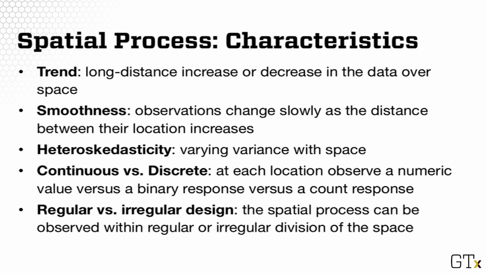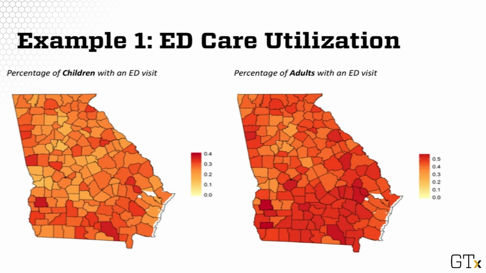Let's next look at a few examples of spatial processes. Here is the map of the percentage of children in the left map versus adults in the right map enrolled in Medicaid who have had at least one emergency department visit in 2012 in the state of Georgia. The darker the red, the higher the percentages. For the adult population, we see a trend with high percentages in the north of Georgia but lower percentages in the Atlanta area.